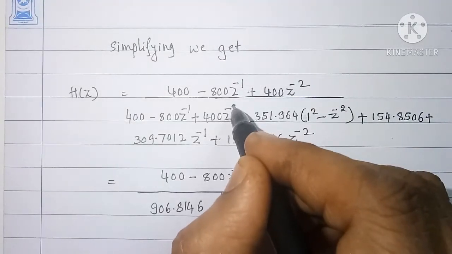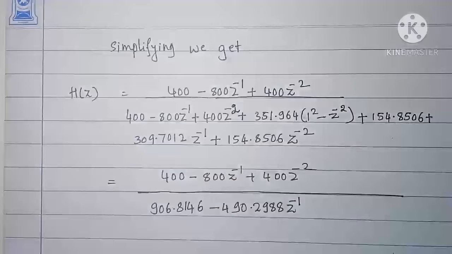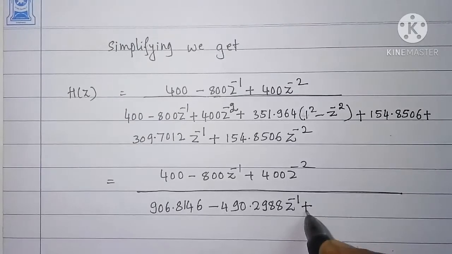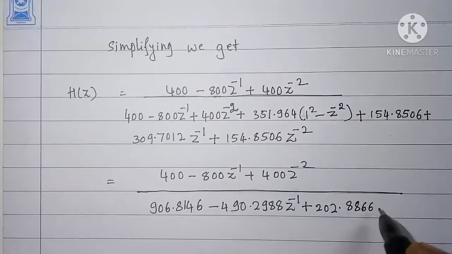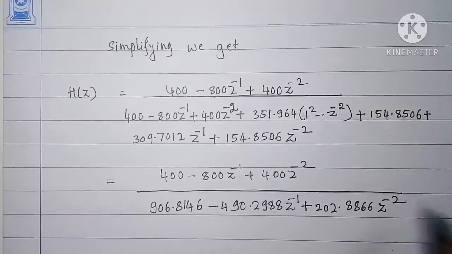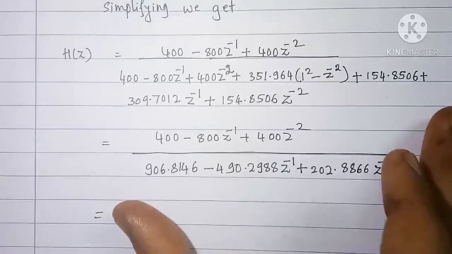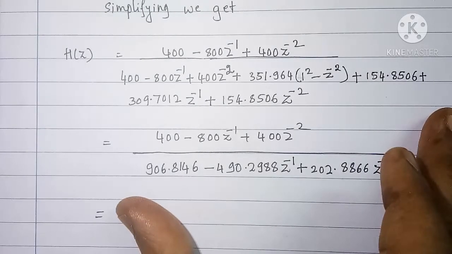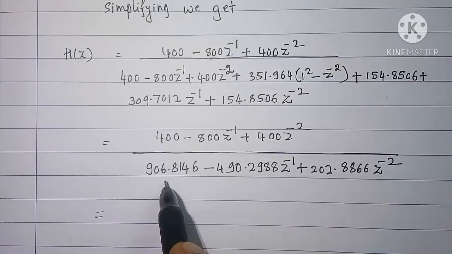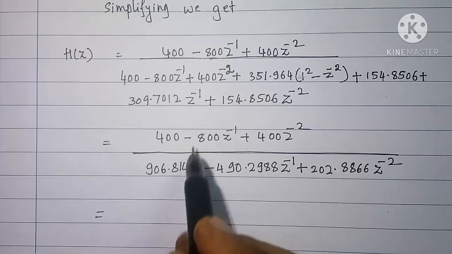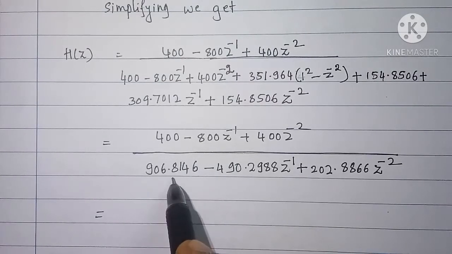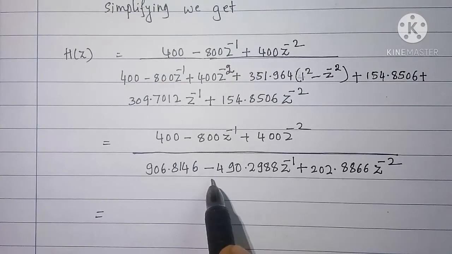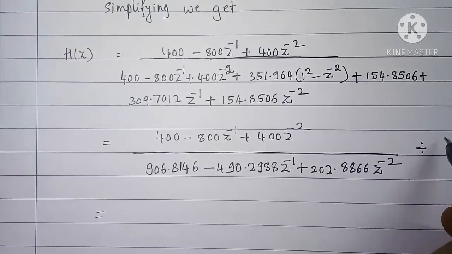Please correct this as z raised to minus 1 plus 202.8866 z raised to minus 2. We have to write this H(z) in standard form, that is constant term of denominator should be equal to 1. Therefore, we will divide both numerator and denominator by 906.8146.